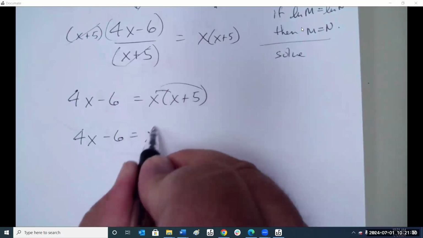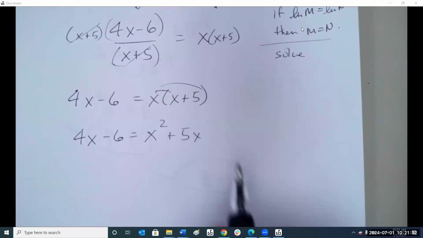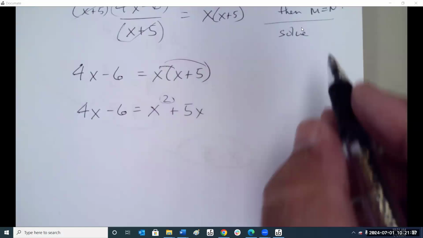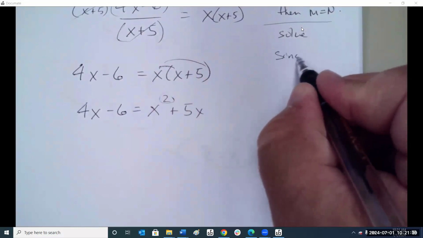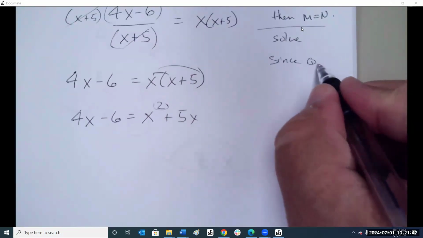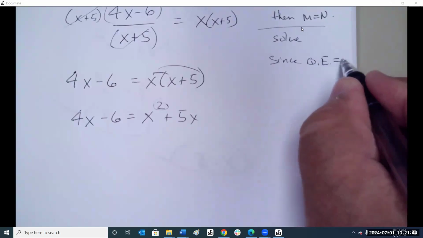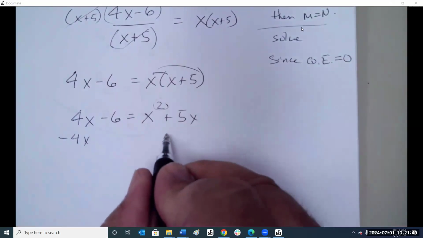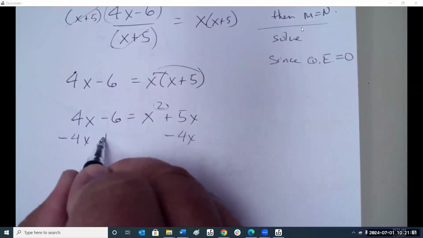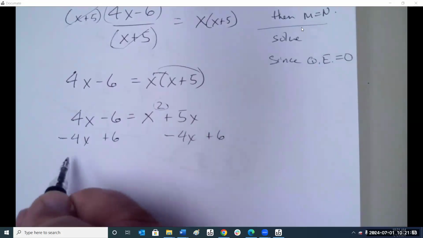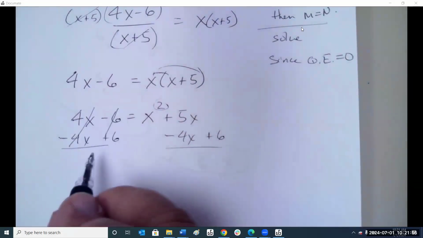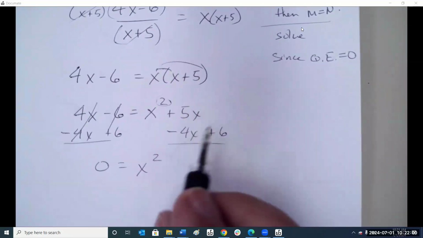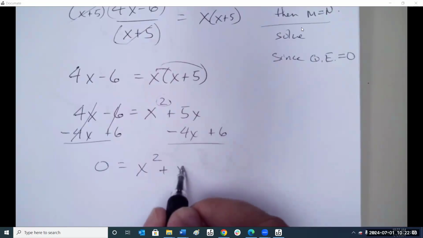Distribute, and we get x squared plus 5x. Since it's a quadratic equation, it must be equal to 0. So we subtract 4x from both sides, and we add 6. 5 minus 4 is positive 1.